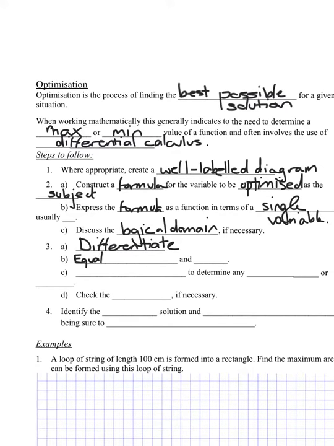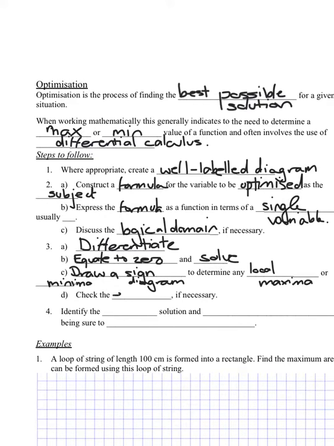So this is the same process pretty much as what you've been doing with stationary points. You've been equating to 0, solving for x, and then you've been drawing a sign diagram to determine any maximum or minimum. Alright? And you'll recall how we talked about local maximum and minimum because of the fact that your endpoints might be a maximum or minimum.